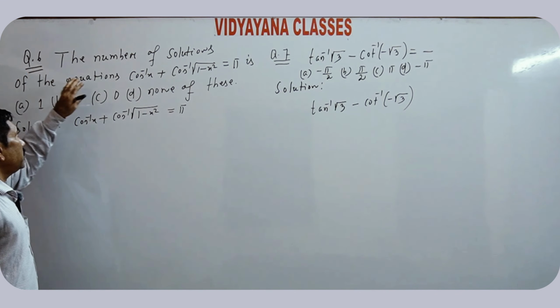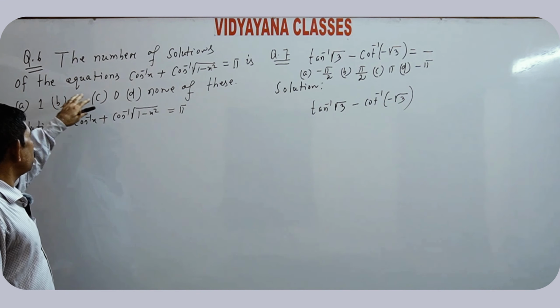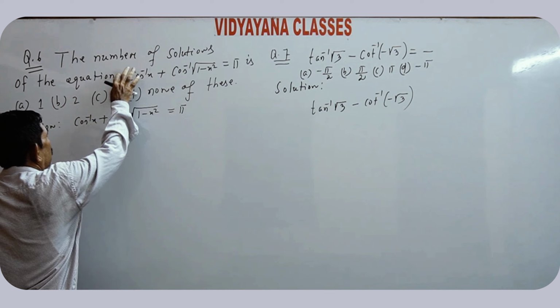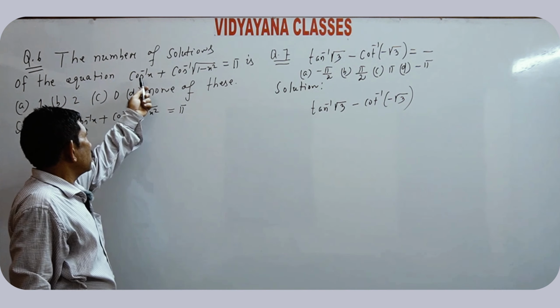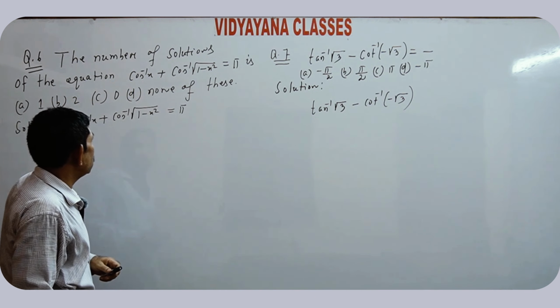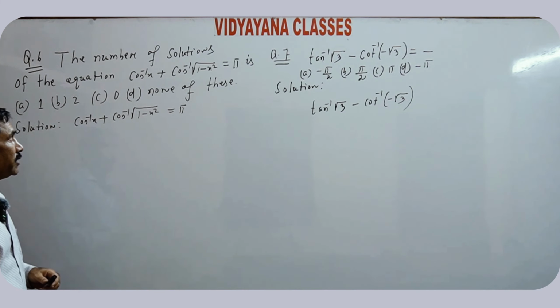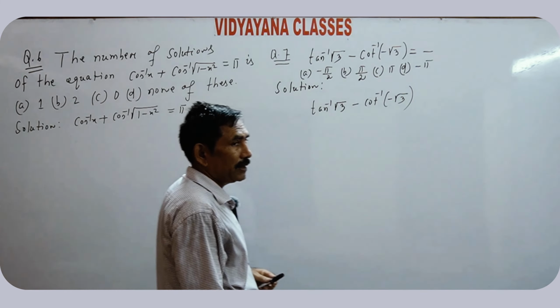Next, question number 6. The number of solutions of the equation cos inverse x plus cos inverse square root of 1 minus x square is equal to pi is dash.